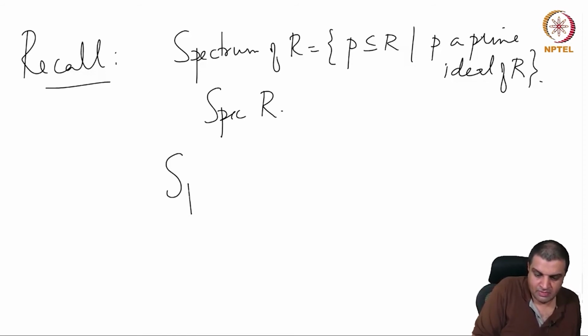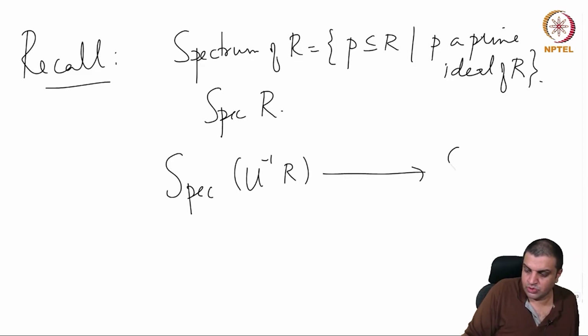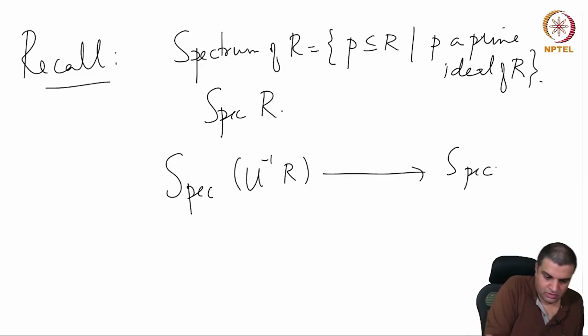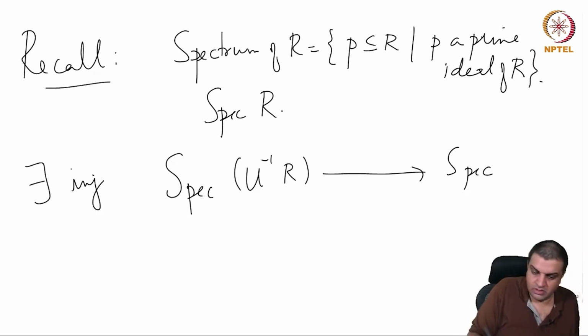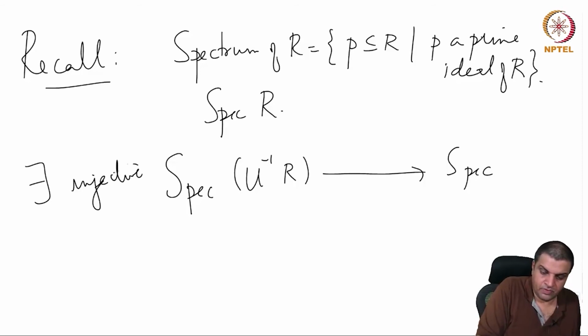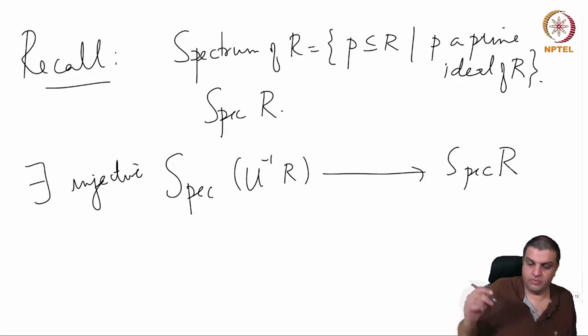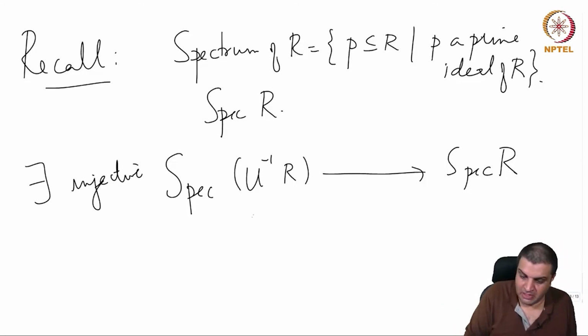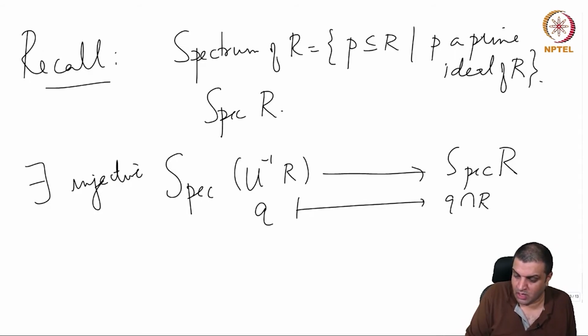It says that there exists an injective map from spec of U inverse R to spec R. The map is, if you have a Q here, Q goes to Q contracted to R, and that is a prime ideal here.